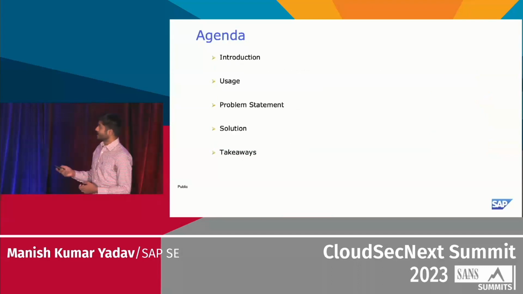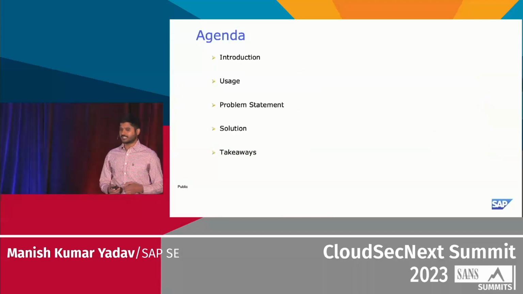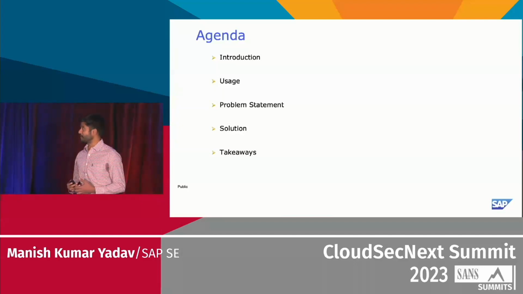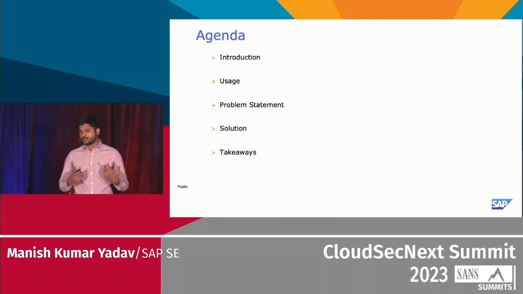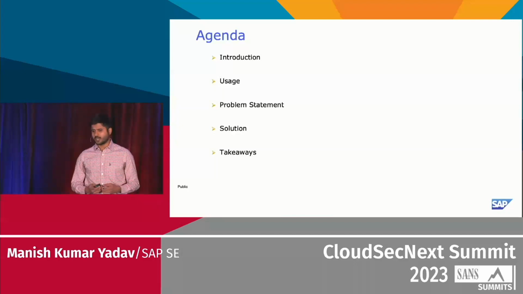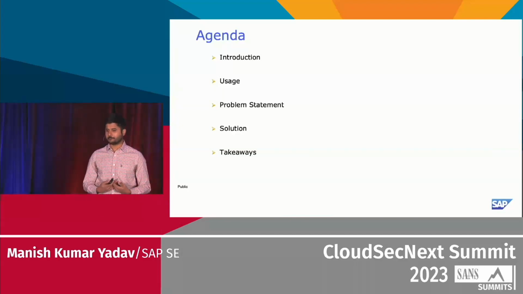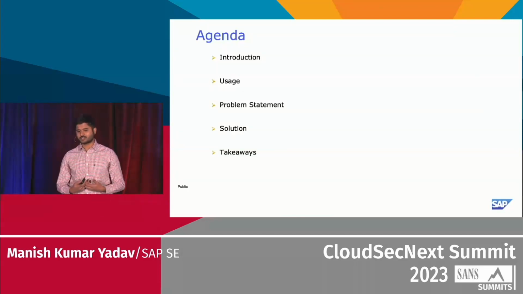Coming to the next one, in this talk I'm going to cover the introduction: what the detection and remediation playbook is and what its uses are. Then I'll pick one of the problems we have seen in our environment. The cloud comes with a lot of flexibility, but it also comes with a lot of problems.